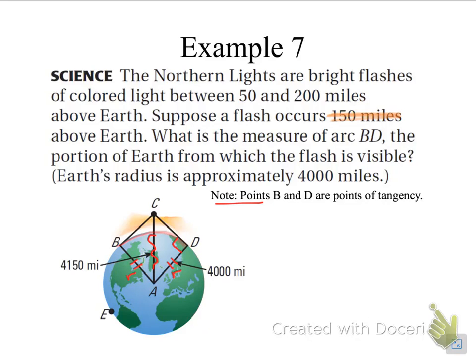So this is a right angle, and this is a right angle. And so that means we can say that triangle ABC is congruent to triangle ADC by hypotenuse leg. Which then helps us because it says this is the same distance as that.